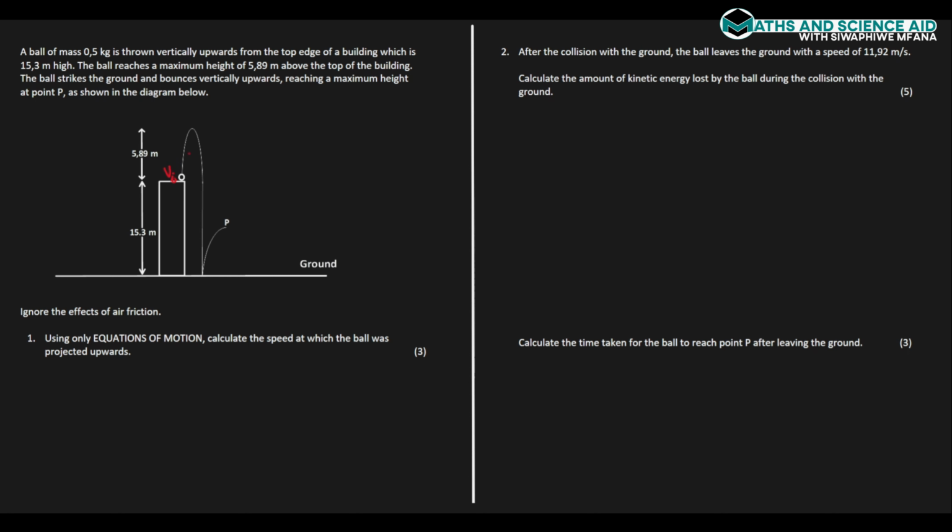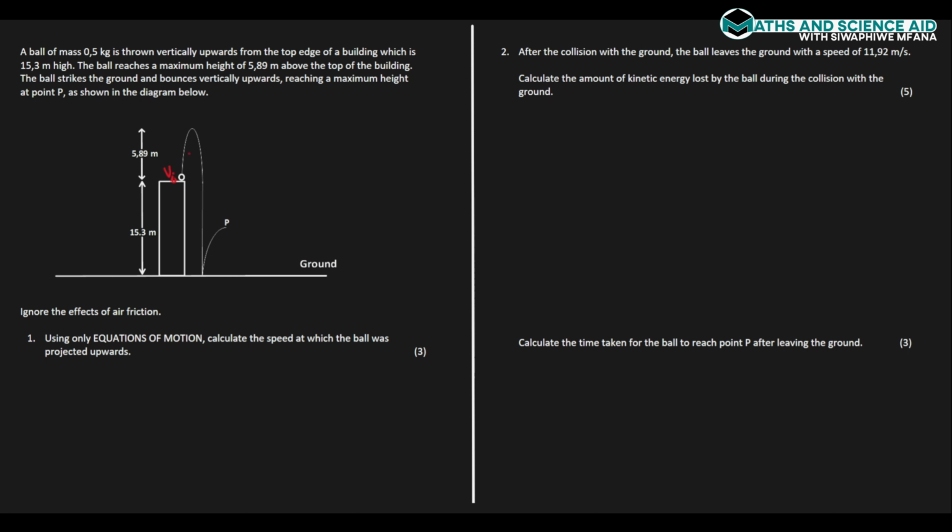However, we do know that at some point it reached its maximum height as indicated by this peak. And what we know is that at the maximum height, the velocity of a projectile is always equal to 0 just before it changes its direction of motion.